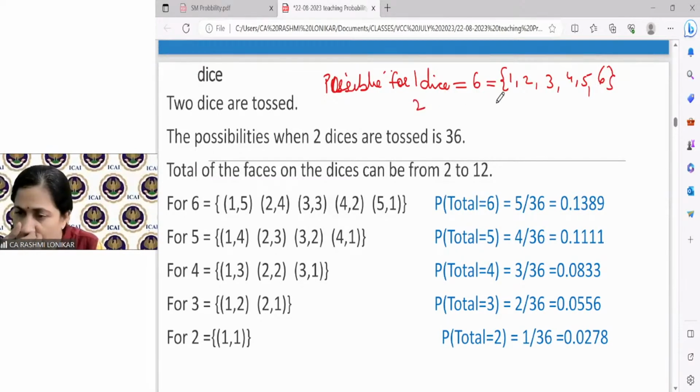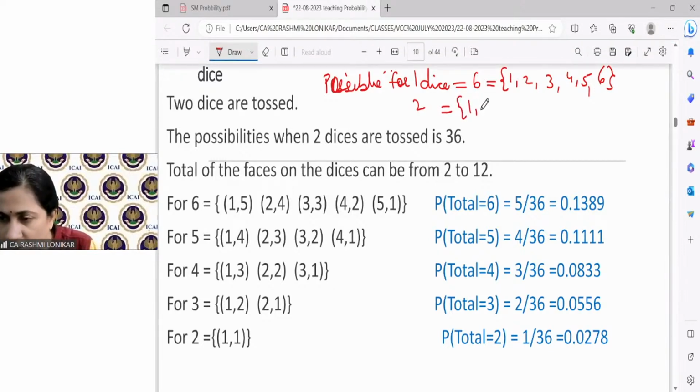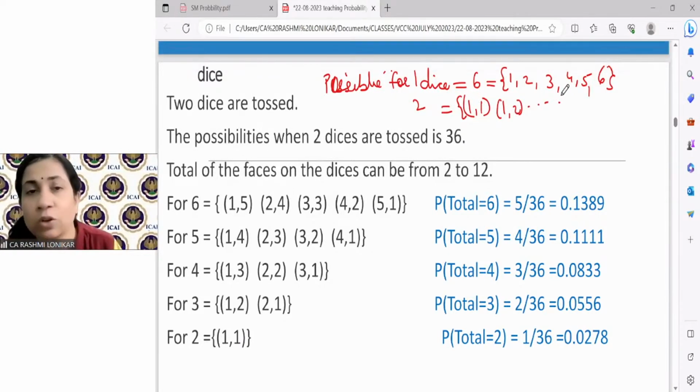When it is 2 dice, again you will have all the combinations, like you will have 1 1, 1 2, and so on. And when you are tossing 2 or more dice, you can add or subtract the numbers that are appearing on the top of the dice. So those are also the type of questions that can be asked.